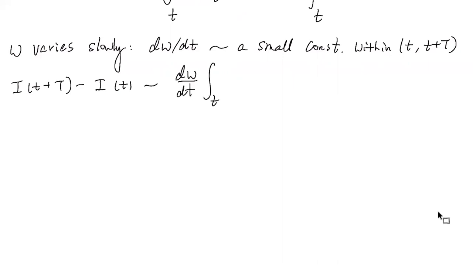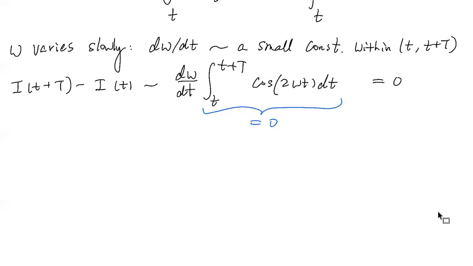Then you have the integral from t to t plus T of cosine 2 omega t dt, and this is of course equal to 0 because capital T is the periodicity of this function. So in general, this is basically 0.